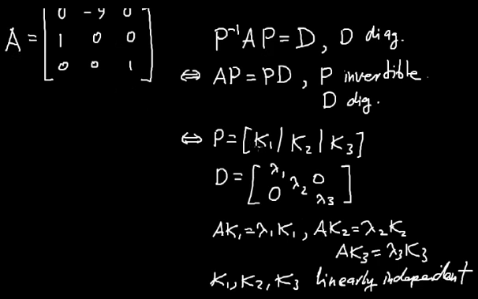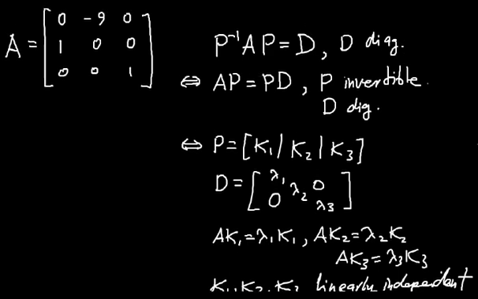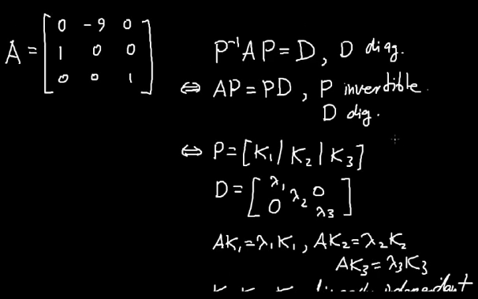Then we can arrange them into the matrices P and D respectively to get the diagonalization. So let's apply our knowledge of how to solve an eigenvalue problem to find the eigenvectors and the eigenvalues.